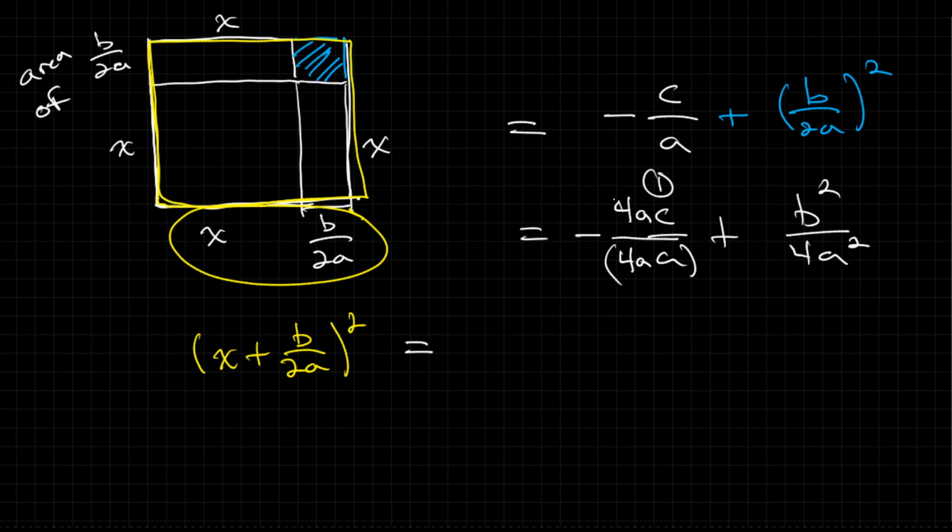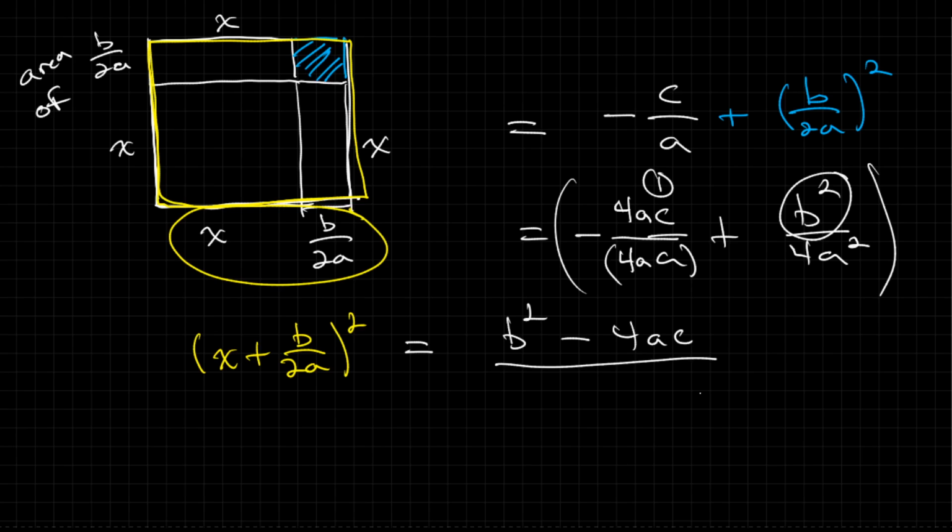And so the whole term on the right-hand side would be b squared minus 4ac, all divided by 4a squared. Now remember, a, b, and c, they're all some constants. So in a problem with numbers, this right-hand side would just be some number.